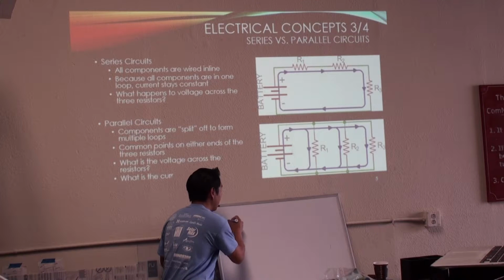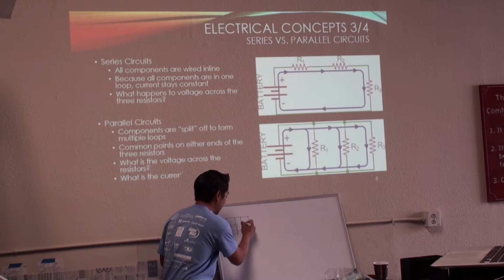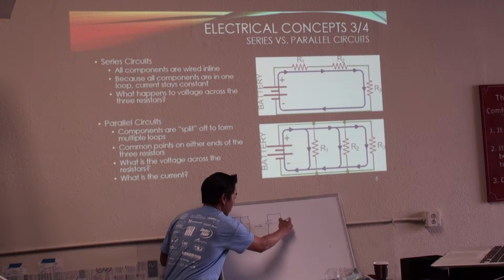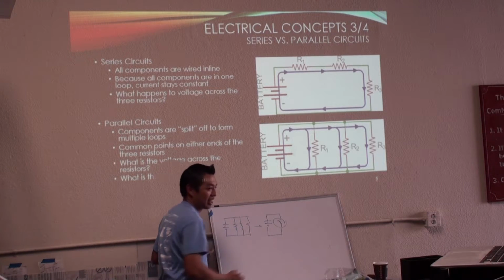So if you have a circuit that goes, what we have here, resistance, and the battery, and you want to convert that to the equivalent of this one resistance, what is this resistance?